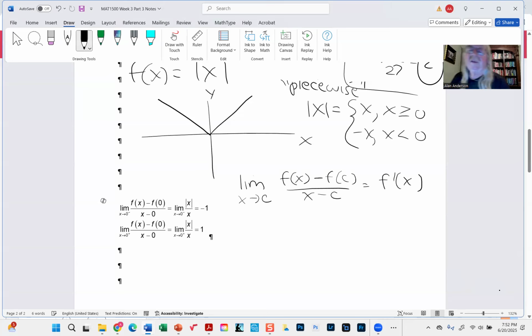this is, by the way, one of the two equivalent versions that we can use to find a derivative with the limit. And so in this case, c is 0.